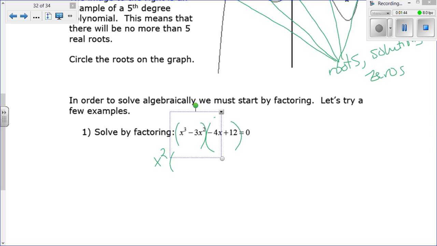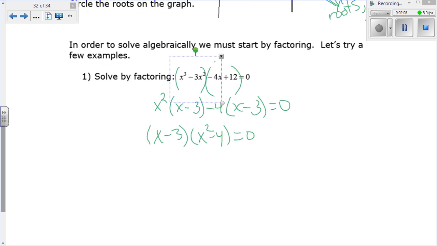So it's x squared times x minus 3. In my second set of parentheses, my GCF is negative 4. And I'm left with x minus 3 equals 0. Now my new GCF is x minus 3. And I'm left with x squared minus 4 equals 0.